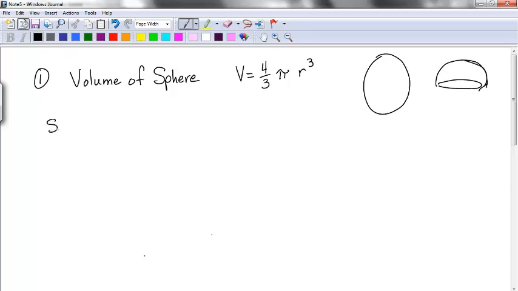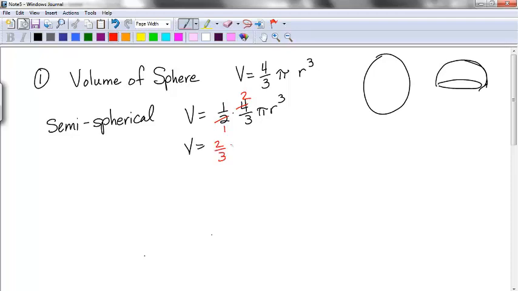So semi-spherical, the volume is 1/2 times 4/3 pi r cubed. If we simplify that, we could reduce, and we end up with semi-spherical is 2/3 pi r cubed. Okay, so that's the formula we're going to use.